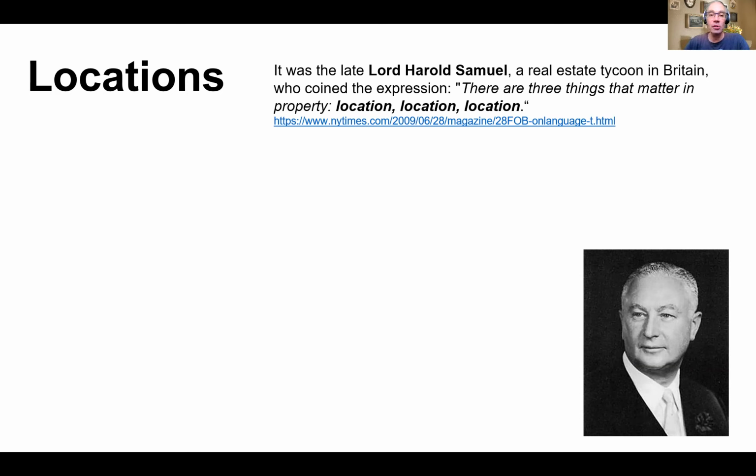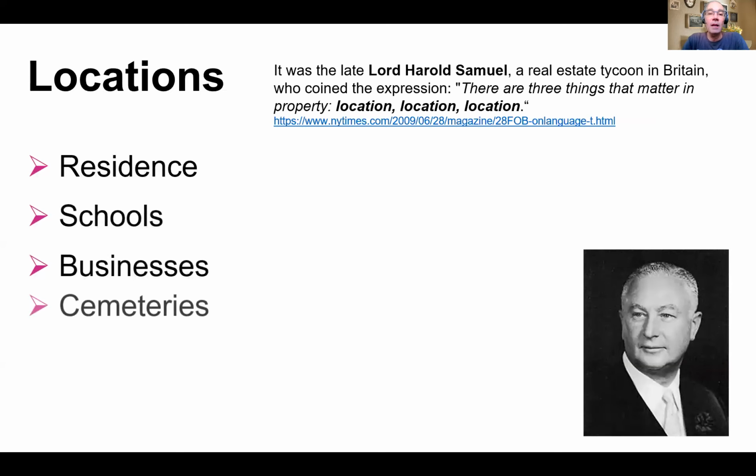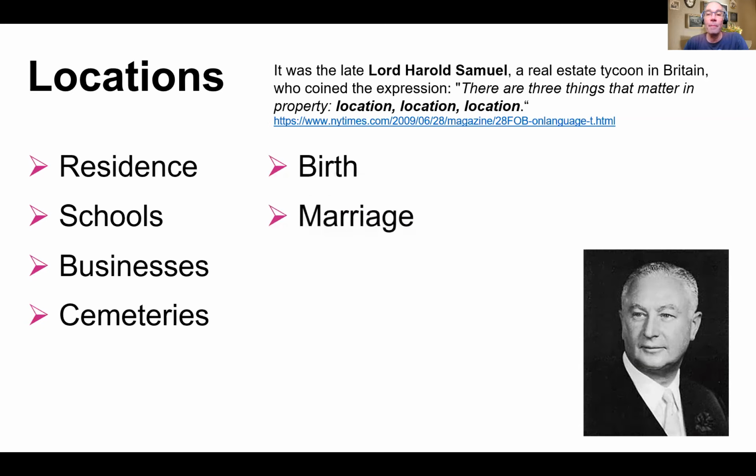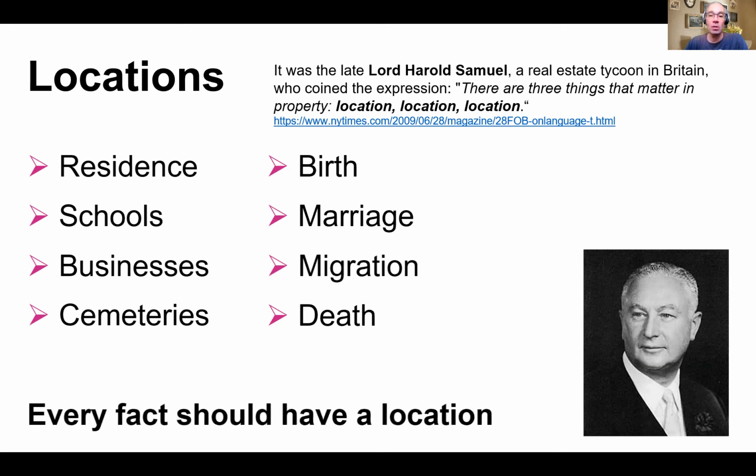And as genealogists, you know that every fact that you collect to the family tree may be related to a location. Probably the most clear ones are the residence, school, business, or cemeteries. But if you also think birth, marriage, migrations, death, they all have a location where things happen.